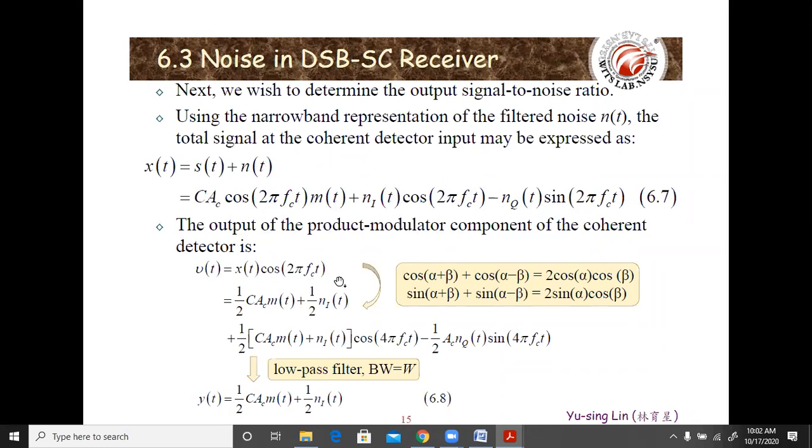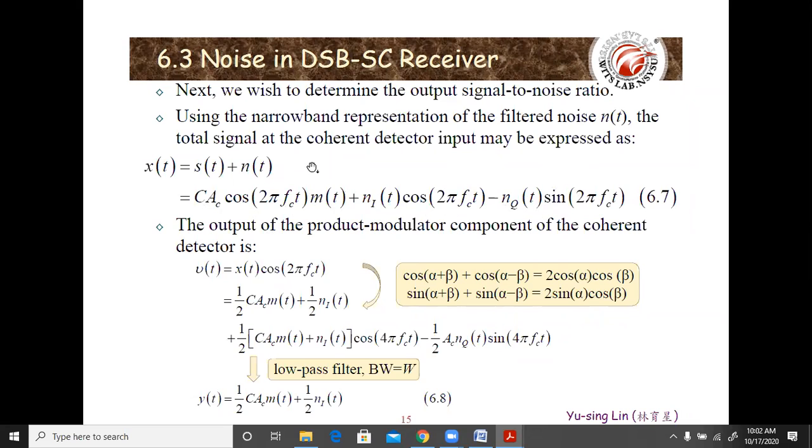The output of the product modulator component of the coherent detector is v(t) equal to x(t) cos(2 pi fc t). That means the whole of x(t) is to be multiplied with the cosine. If you do that, it will generate a cos squared term, and also a cos squared term over here, whereas this will be sine into cos.